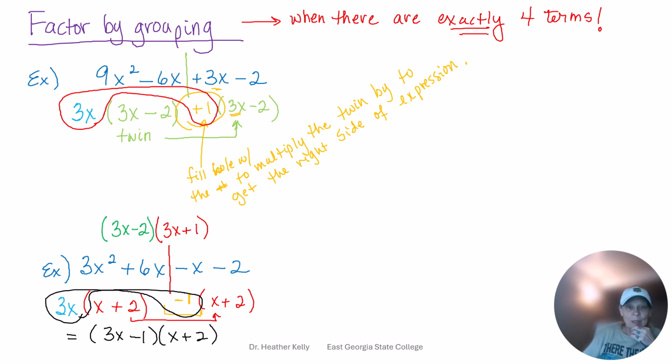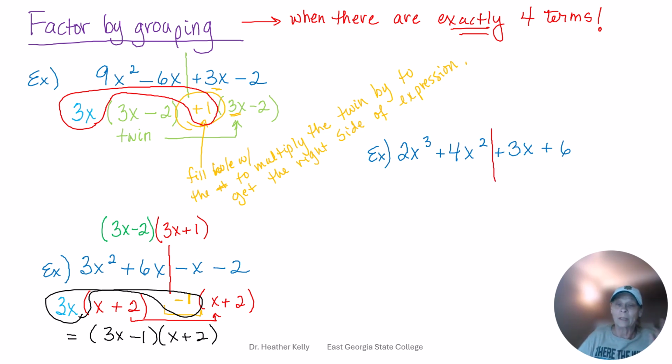One more example here, and then we'll get to the last big thing, which we've worked up to. Let's take a look at this example. It's 2x cubed plus 4x squared plus 3x plus 6. So first things, we notice it's 4 pieces. 4 pieces, you go straight for factoring by grouping.